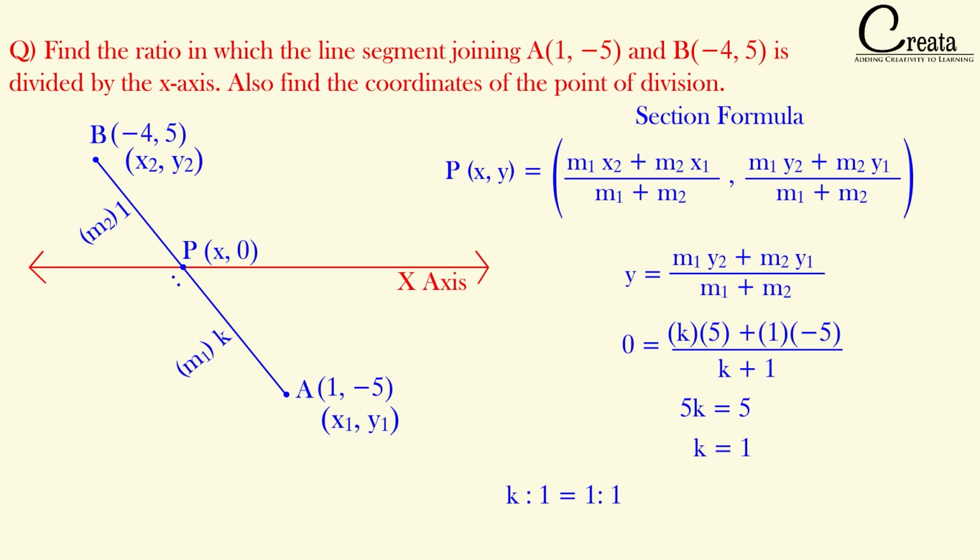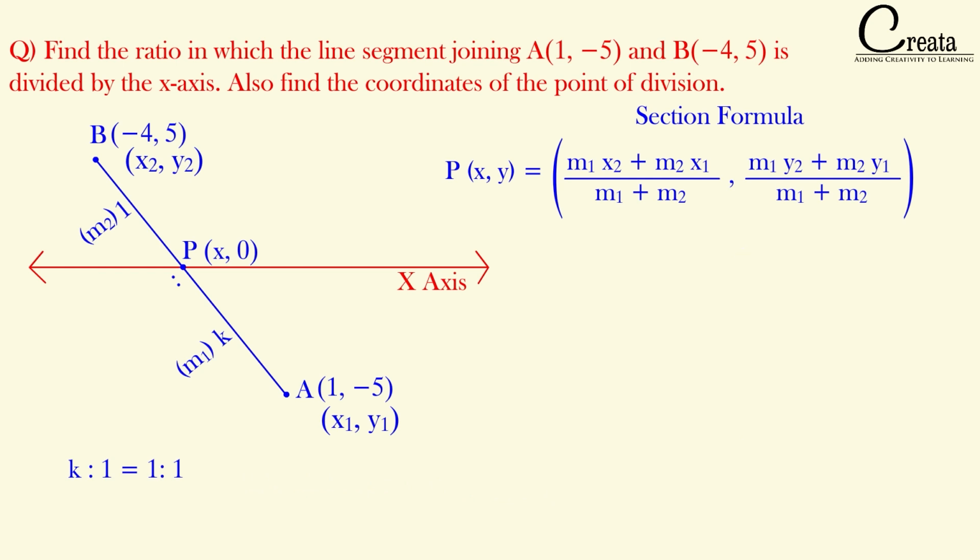That is, the ratio k is to 1 will be equal to 1 is to 1. That is, the point P is dividing this line segment AB into the ratio of 1 is to 1. Okay, got it? We got one part of the answer. Let's move to the second part where we have to calculate the coordinate of the point P. We know the coordinate of point P is (x, 0), which means we have to find the value of x. Let's apply the section formula.